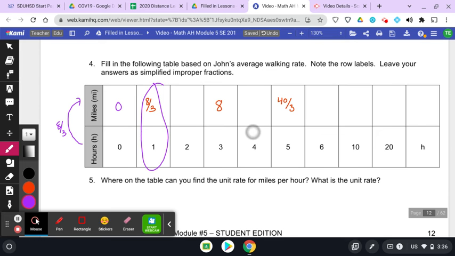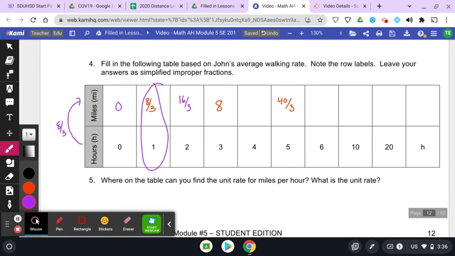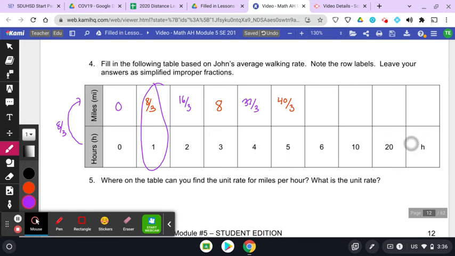2 times 8/3 is 16/3. Okay, 3 times 8/3 is 24/3, or 8. 4 times 8/3 is 32/3. 6 times 8/3 is 48/3, also known as 16. 10 times 8/3 is 80/3. 20 times 8/3 is 160/3.